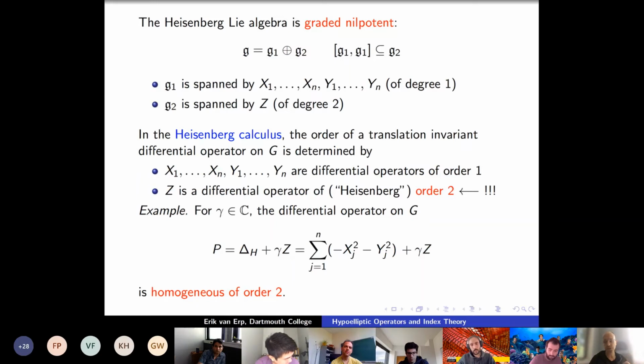It is not considered a lower order term. It's considered a second order term. And so if we next move to the principal symbol of this operator, we will have to include this term Z, which would not be included if we were testing ellipticity. Okay, so that's a key idea in this theory.